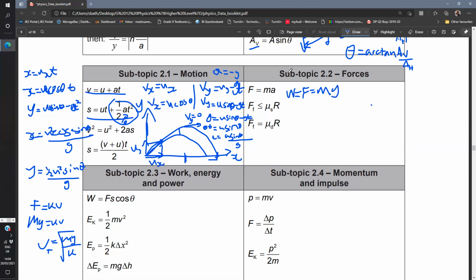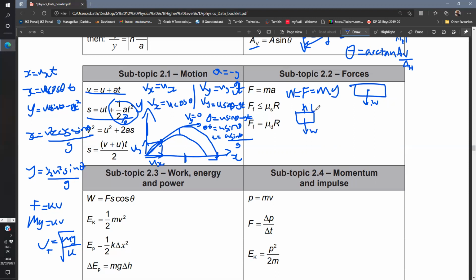Now, what if we want to find tension? So this is basically how you would draw your free body diagram. In the center, this is your weight. Now, tension is different, since you have to resolve a free body diagram. So let's say this is our tension diagram.